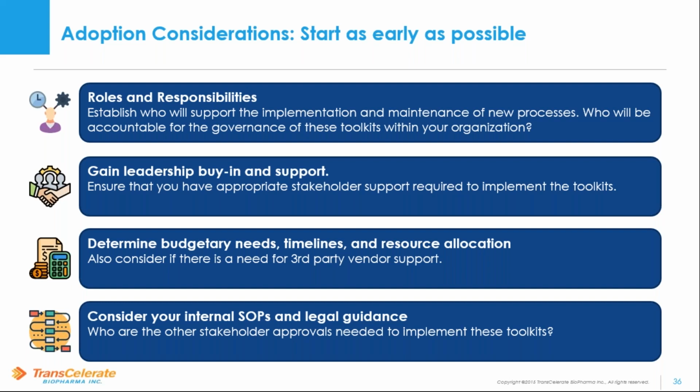Gaining leadership buy-in and support. That is probably one of the most important things. Without leadership buy-in and support in terms of getting resources or giving permission to teams to go ahead and use it if they want or make decisions, it's not going to go very well.